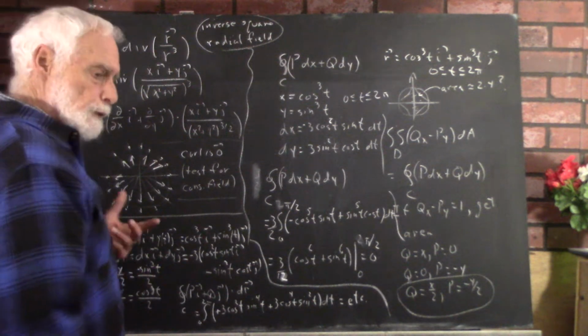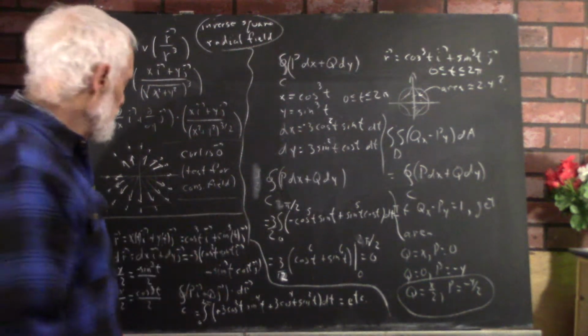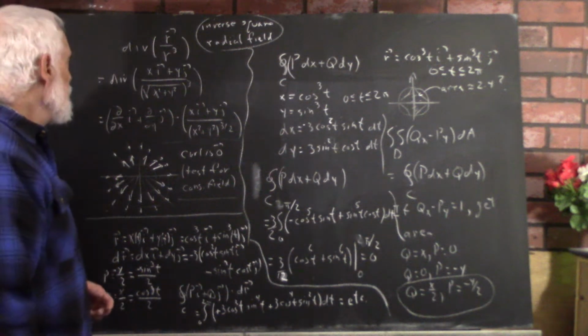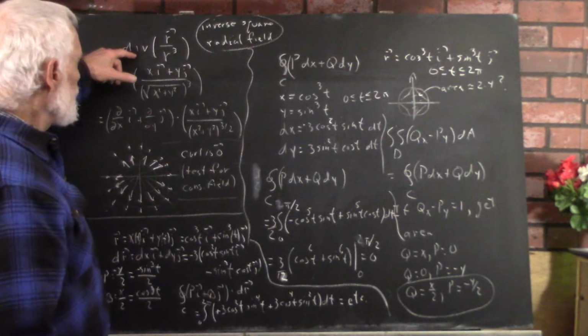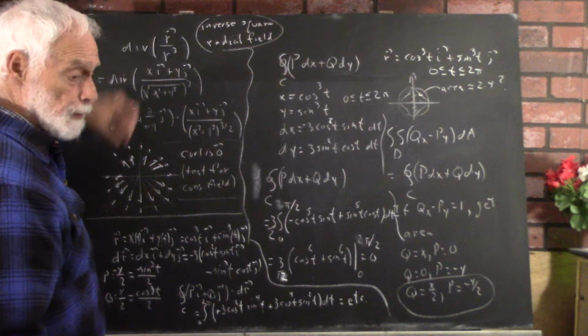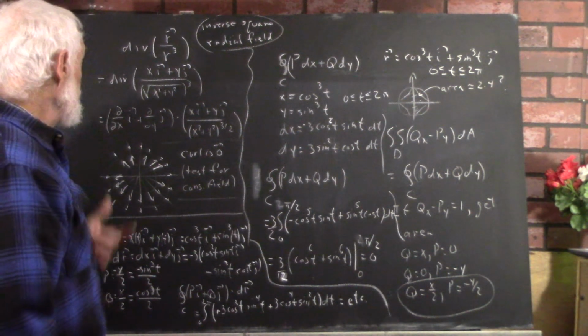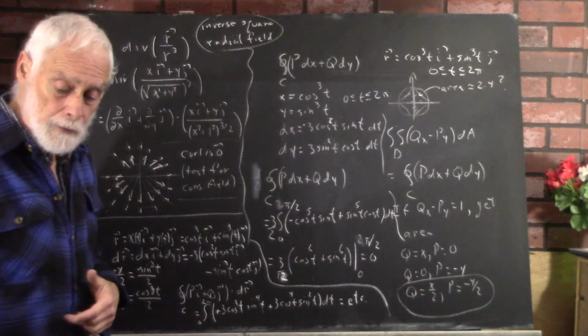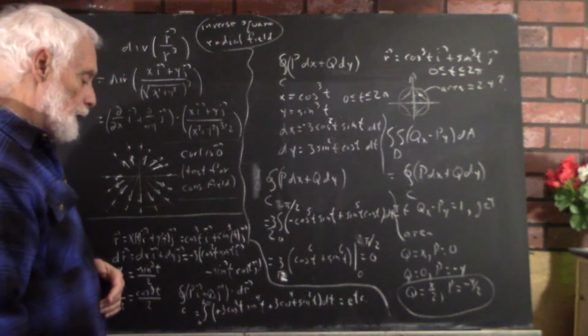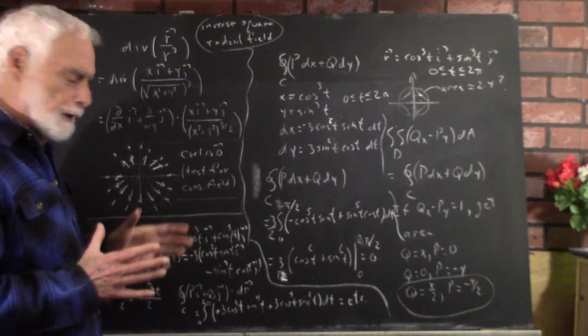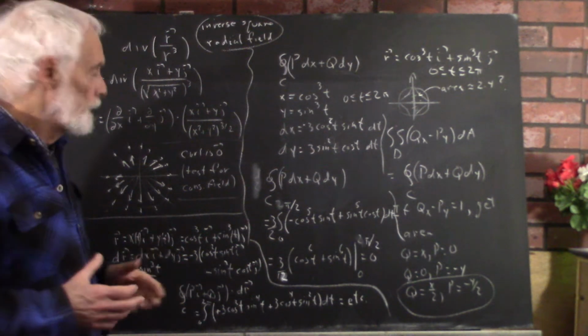There was a question, and I didn't have time to work this out, and I'm not going to, but it concerned the divergence of r over r cubed, an r vector over the cube of its magnitude. This was mentioned earlier in a previous class, in the first class where we looked at divergence and curl.